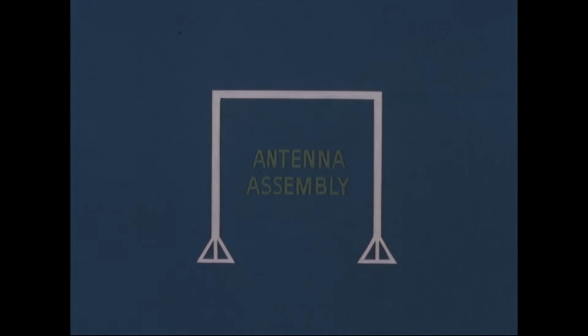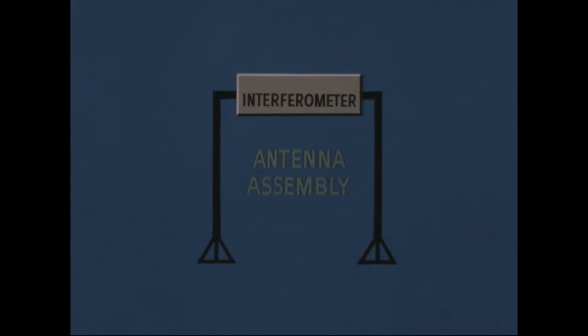Here is the antenna assembly that receives the pulse. It is divided into 2 identical antennas connected by a waveguide and includes an interferometer. Due to the direction of arrival of this pulse, it reaches one antenna before the other.